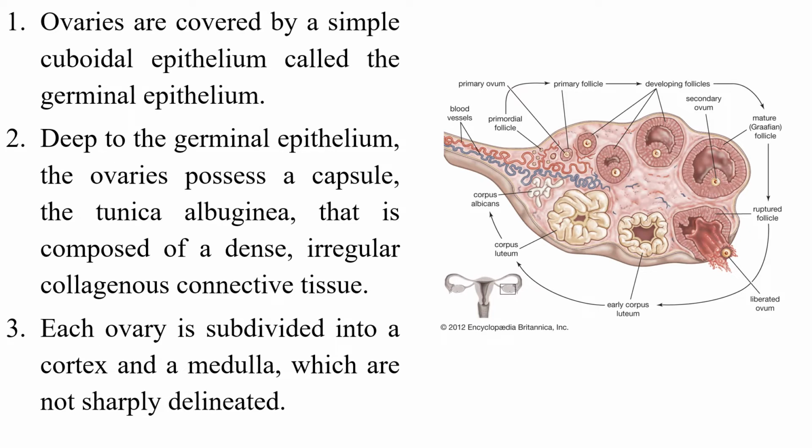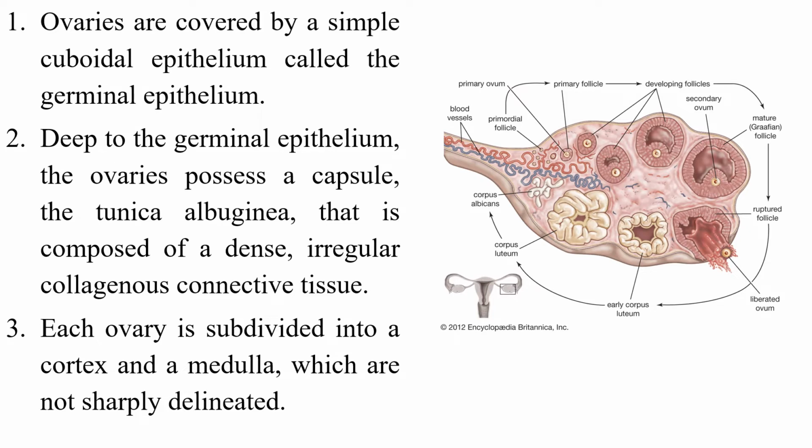The cortex has the growing follicles, the atretic follicles, as well as corpus luteum and corpus albicans. The medulla of the ovary consists of connective tissue and blood vessels.